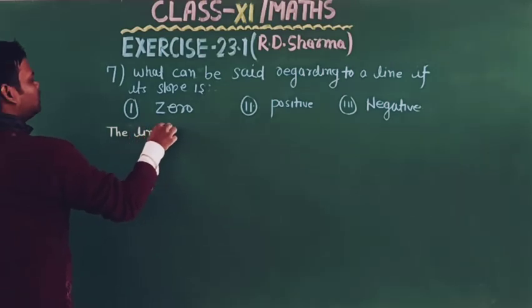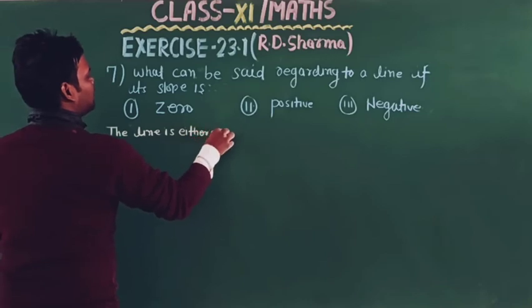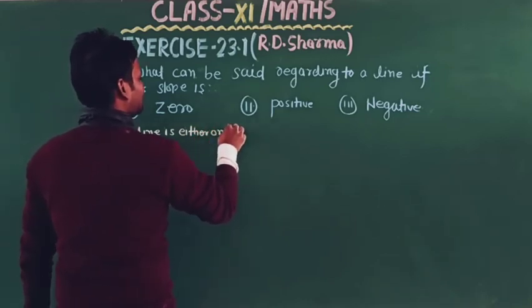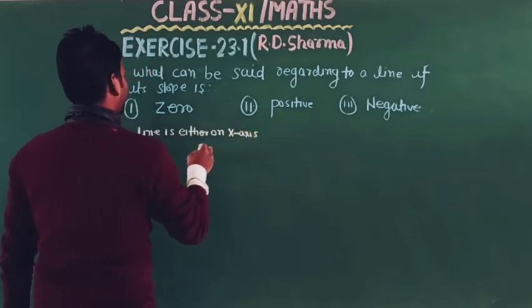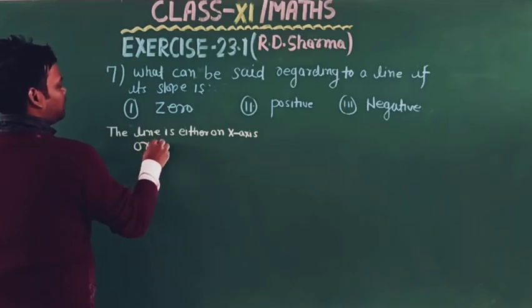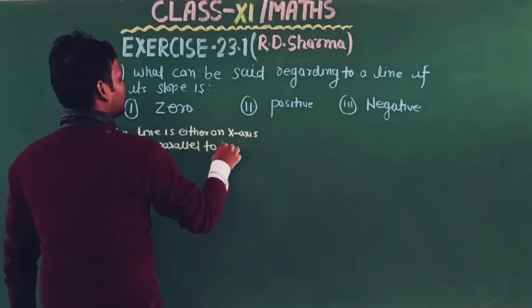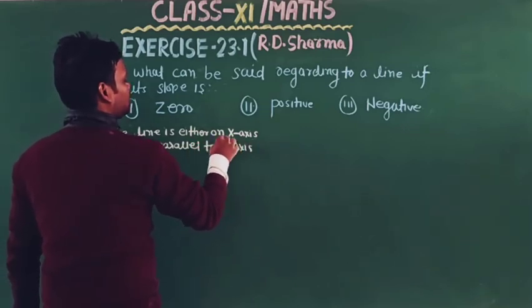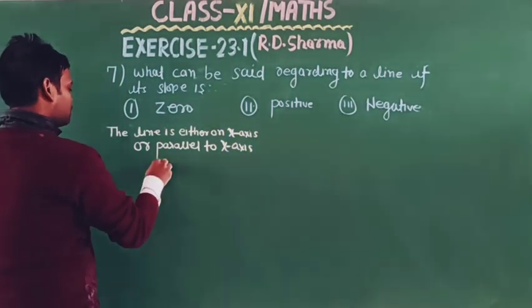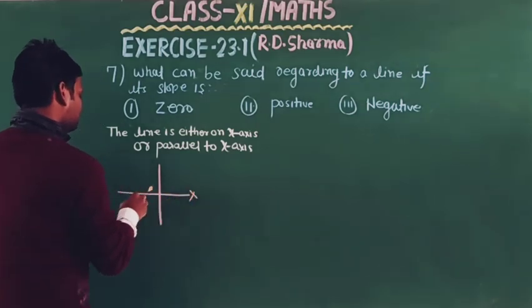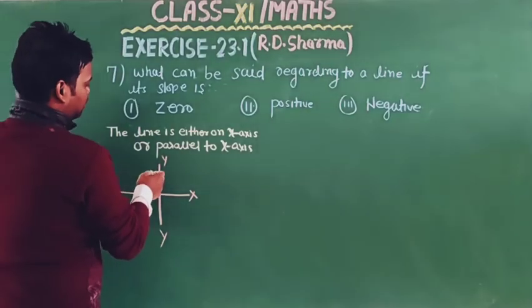If the slope of the line is 0, we can say the line is either on the x-axis or parallel to the x-axis.